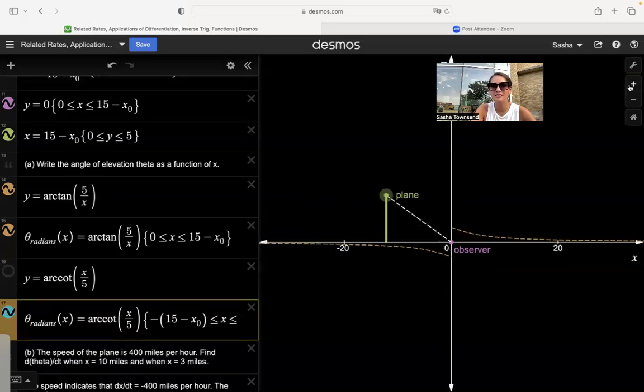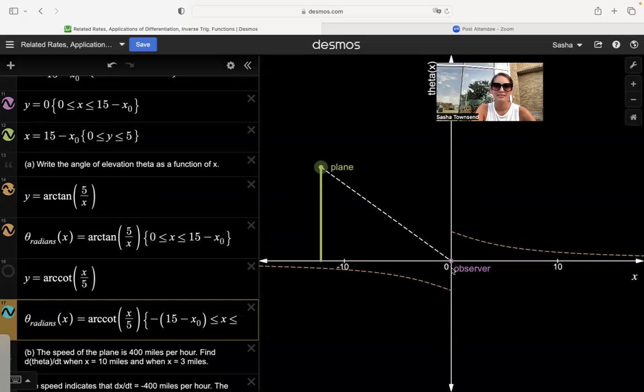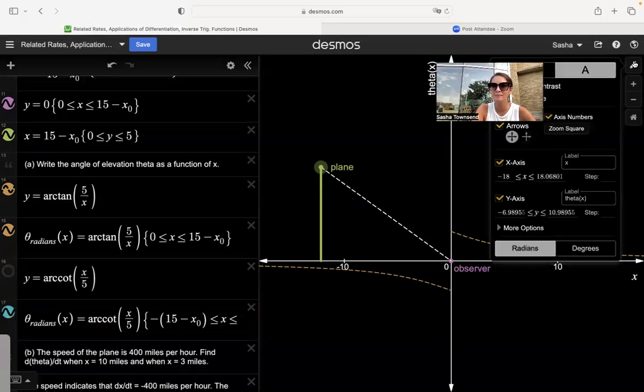One thing you might notice, if you look at this, is that the arctangent graph has a particular range. We add some tick marks there. Oh, I guess we need to use multiples of pi over 2. So that arctangent is giving us values between negative pi over 2 and pi over 2.